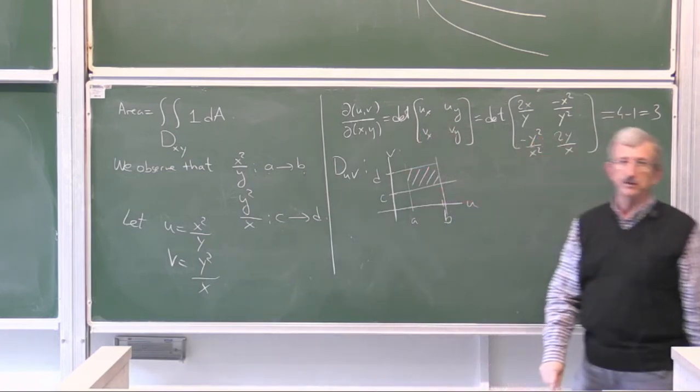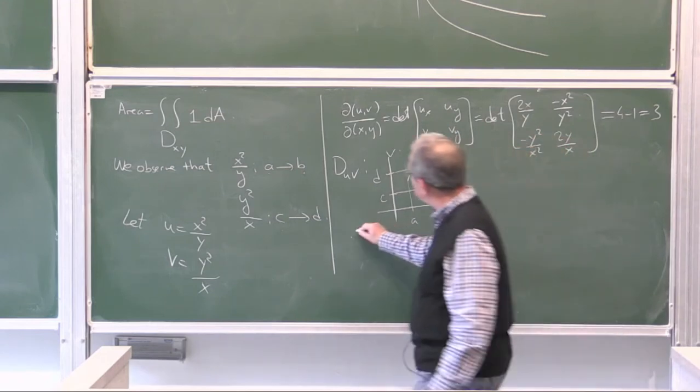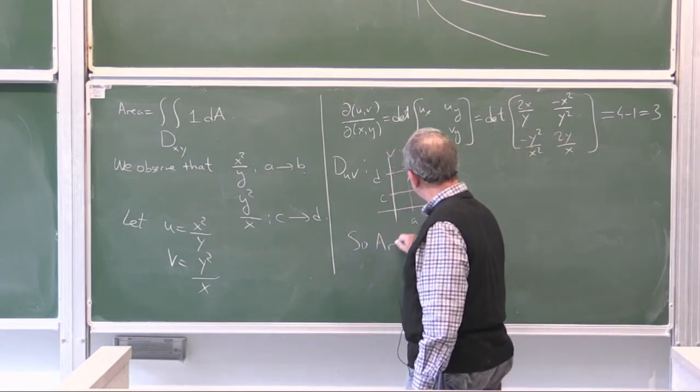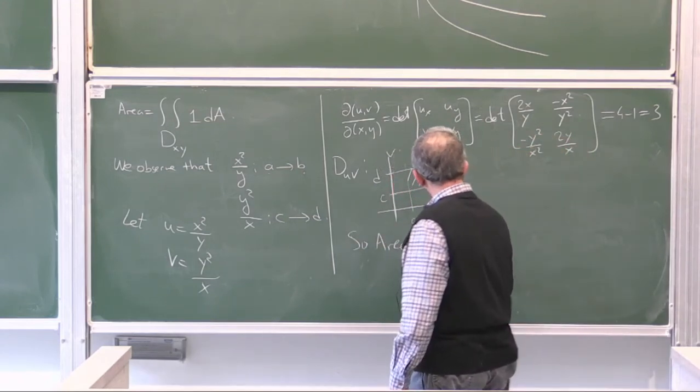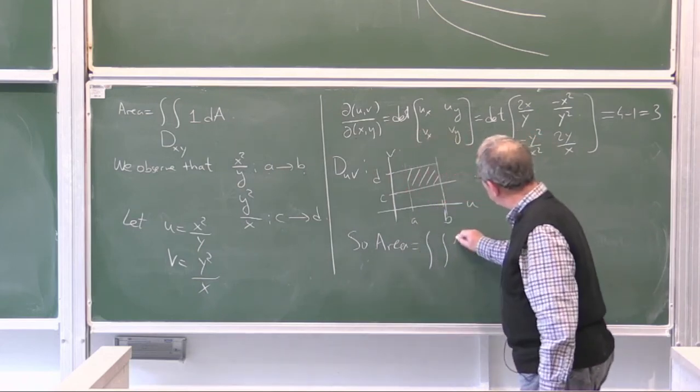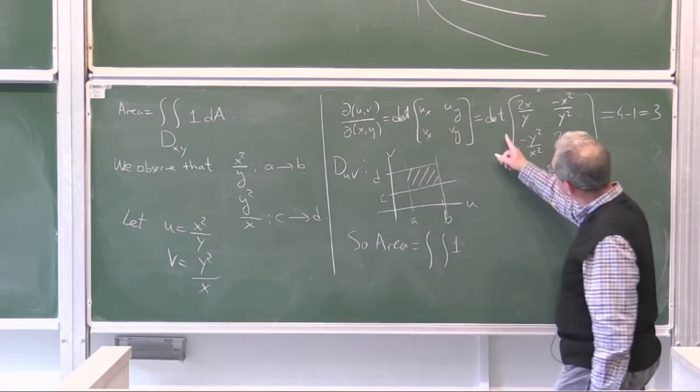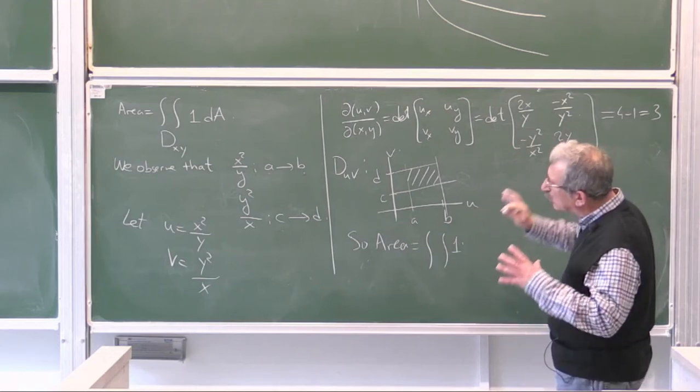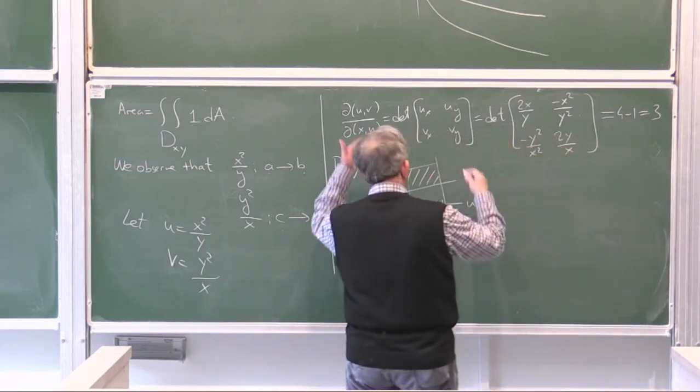So it's a very nice region. Well, it means that the area would be 1 times the absolute value of this determinant, but 1 over that.